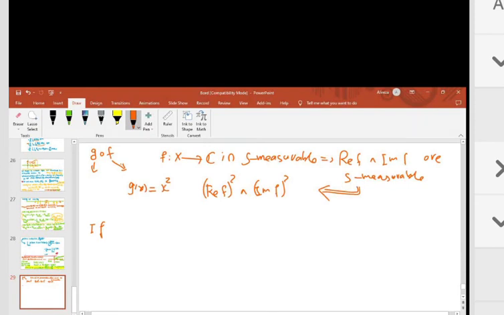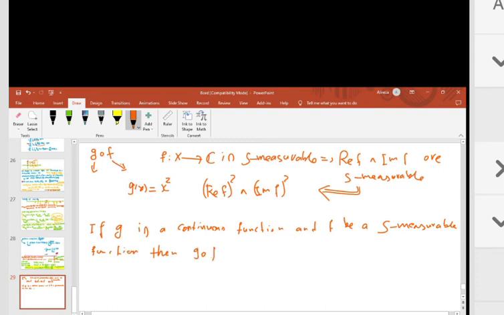If g is a continuous function and if f is an S measurable function, then g of f is S measurable too.